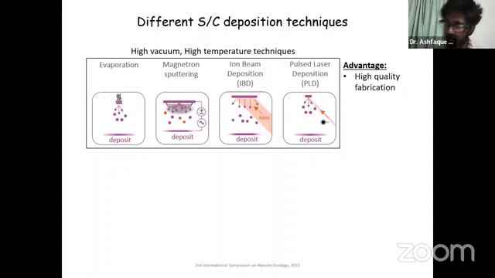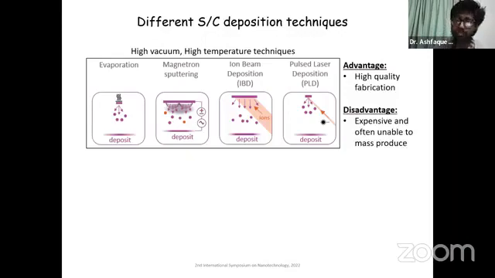There are advantages, of course. High quality fabrication can be done. The quality of the semiconductors is really good, with very few defects. And at the same time, there are some disadvantages. One is obviously the expensive nature of these techniques, because whenever we talk about high vacuum, high temperature techniques, the price goes up.